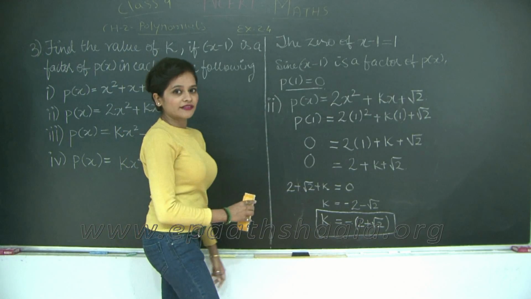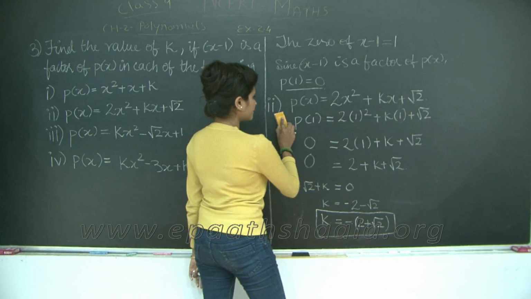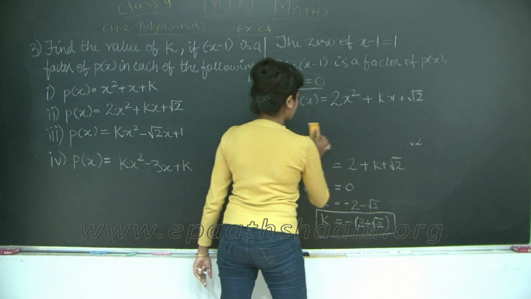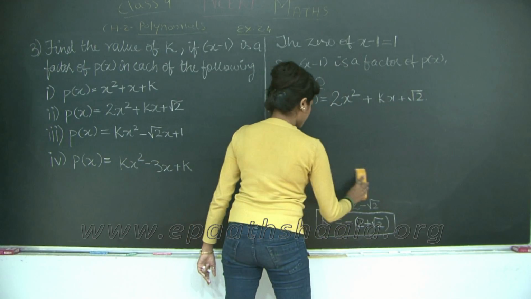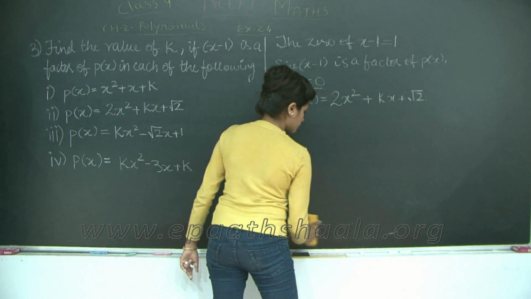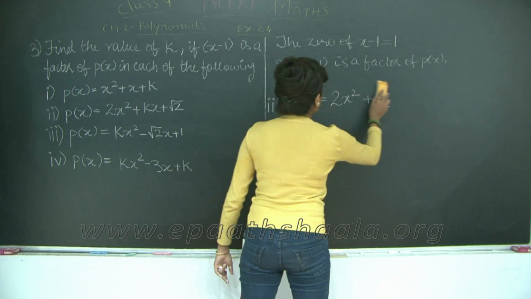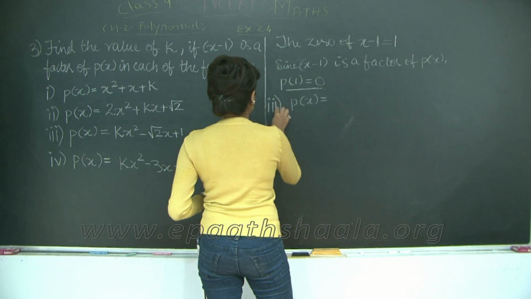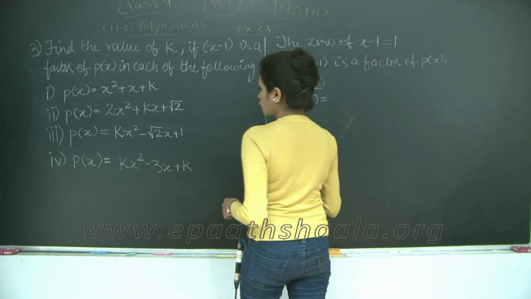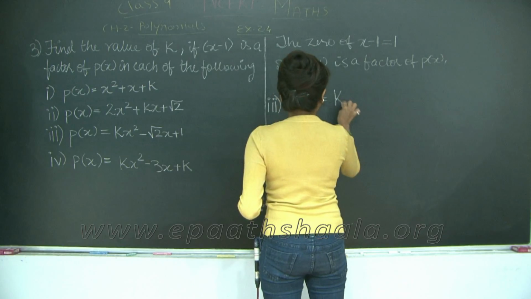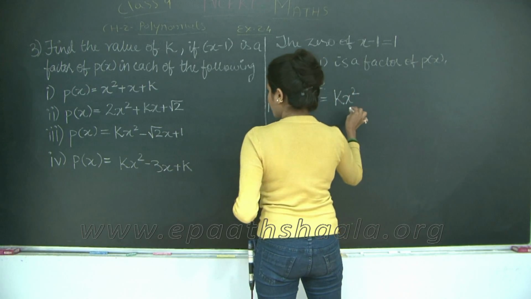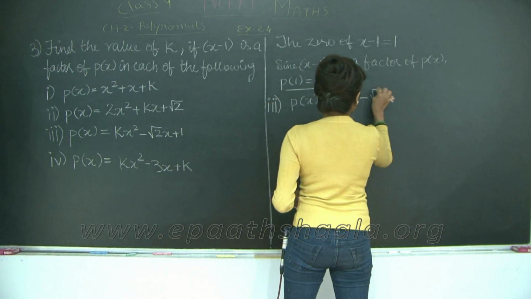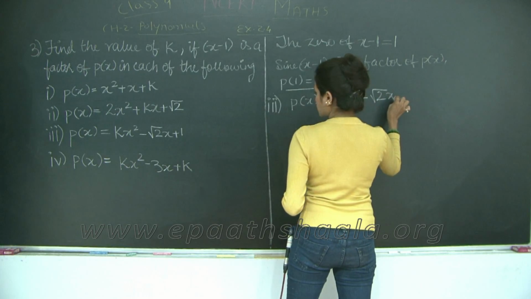We will go ahead and solve the third question. So, the third question reads kx square minus root 2x plus 1.